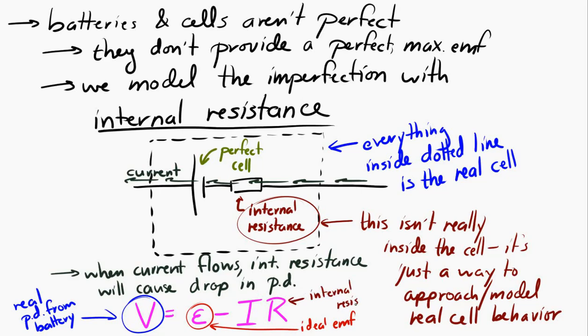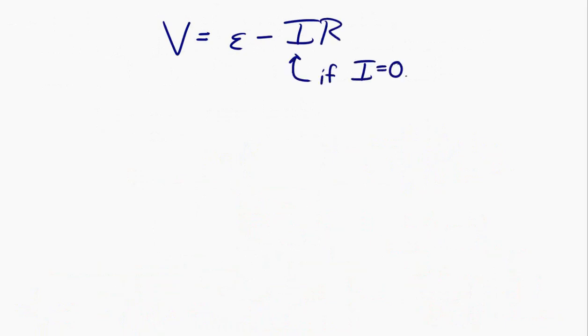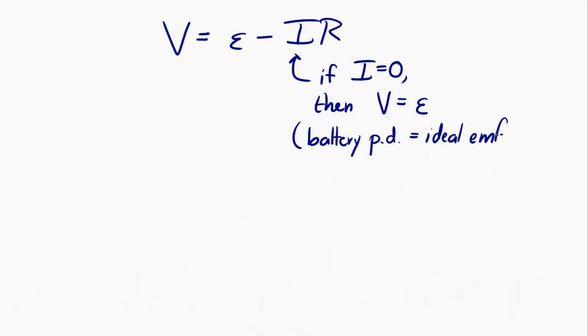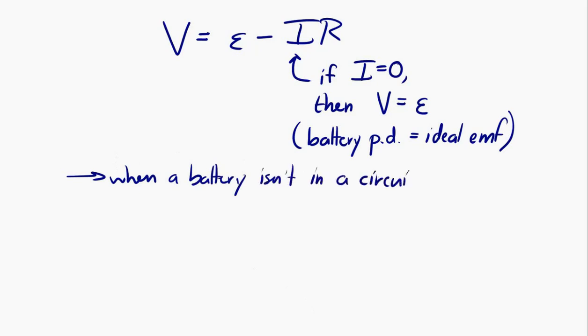And if you look at that expression, if there is no current coming out of the battery, then the potential difference provided by the battery is equal to the ideal EMF. So if you used a voltmeter to measure the potential difference across a battery, which is not in a circuit and not providing any current, the potential difference that you would measure would be the ideal EMF.